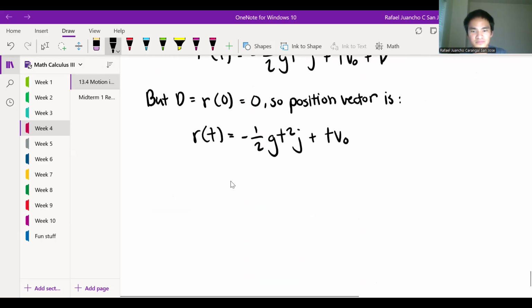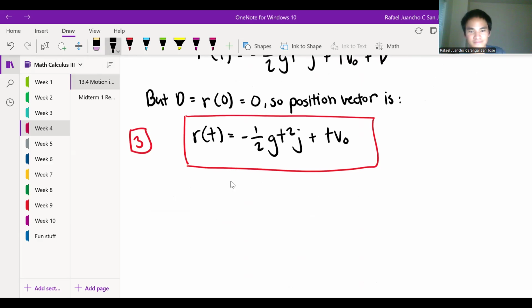Okay. And that's actually one of the important things you're going to look for. If we write the absolute value of our initial velocity to be, whoa, okay, that's a different looking v naught.